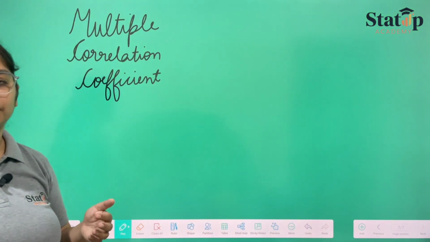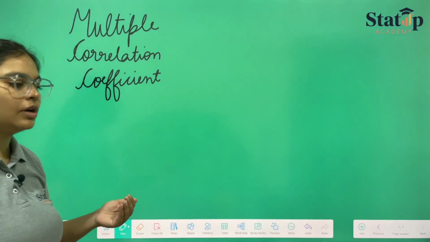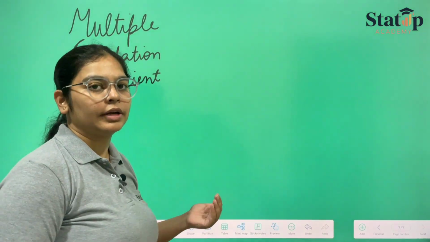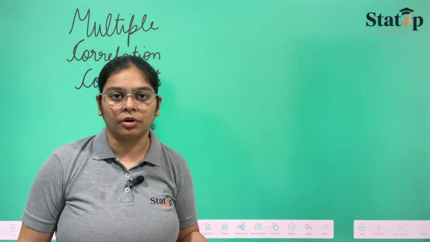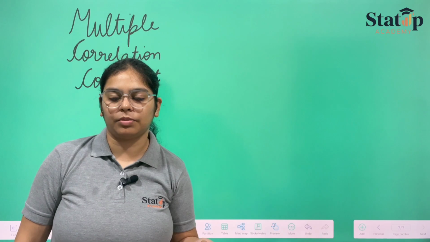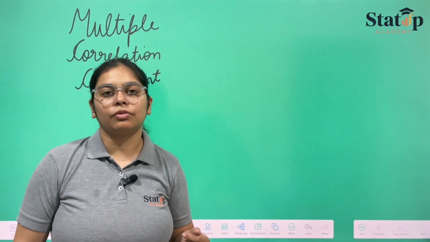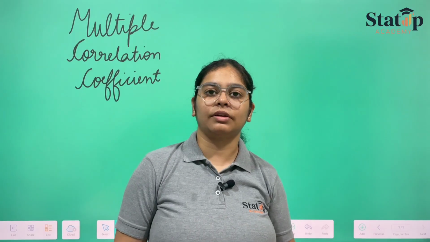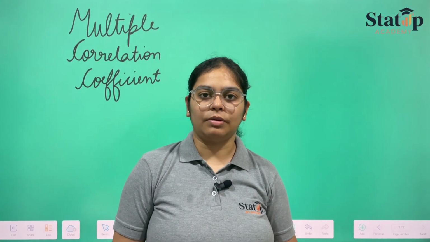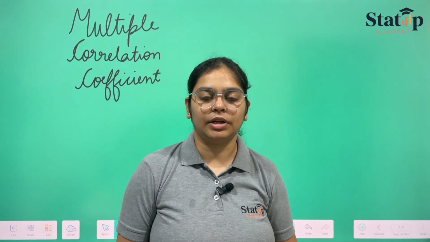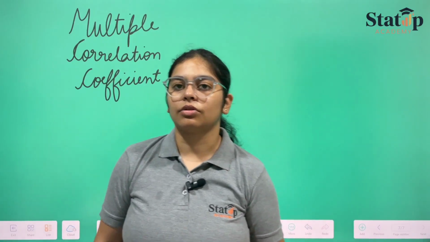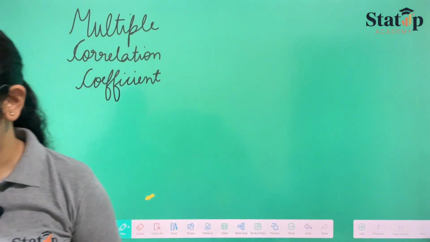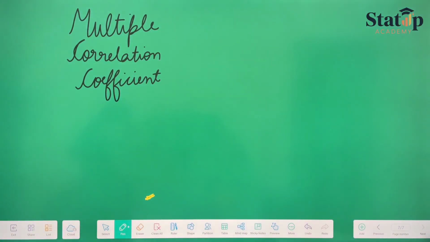Multiple correlation coefficient and partial correlation coefficient are covered in the regression and correlation chapter of our statistics paper 1, and it is very important. Mostly it has been seen that this chapter contains 2 or 3 questions every year, so this chapter is very important for your examination this year. So we'll be talking about what is multiple correlation coefficient and partial correlation coefficient.